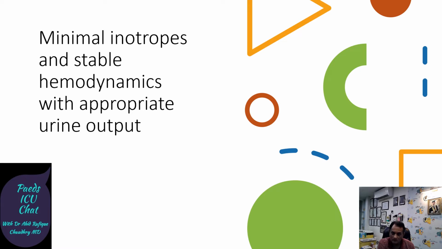That means if someone is on high inotropic support, then obviously, sometimes, like you intubate myocarditis because of low cardiac output, and they are on high inotropic support, then we call it that mechanical ventilation is a third or fourth inotropic support other than your dopamine and epinephrine in myocarditis.